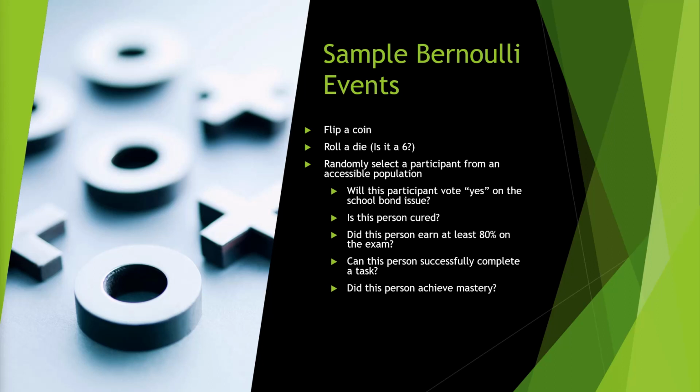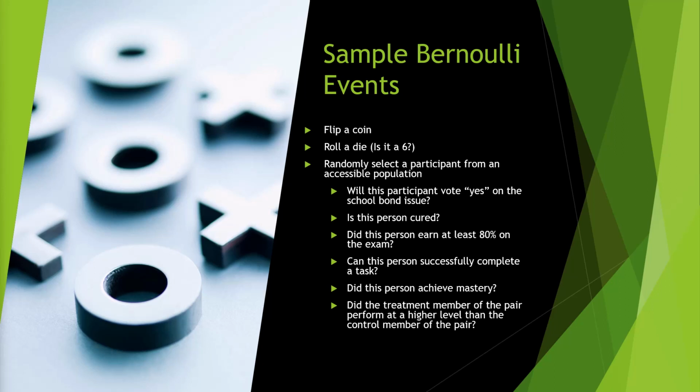Now, when using a match pair design, there are actually two potential random aspects: random selection of participants, and after matching, random assignment to the treatment or control condition. This can then yield a Bernoulli event. Did the treatment member of the pair perform at a higher level than the control member of the pair?